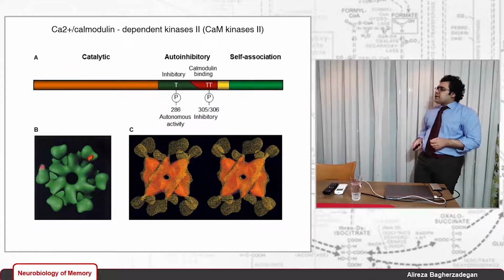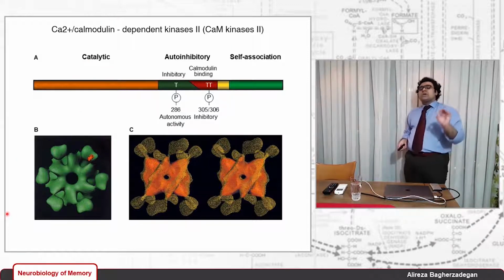This picture is a computer-generated picture of CaM-kinase II based on data from high-resolution electron microscopy and X-ray diffraction techniques. I know something about electron microscopy, but I don't know a lot about X-ray diffraction.